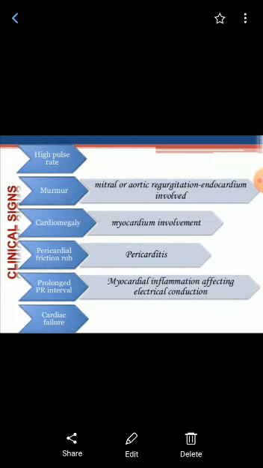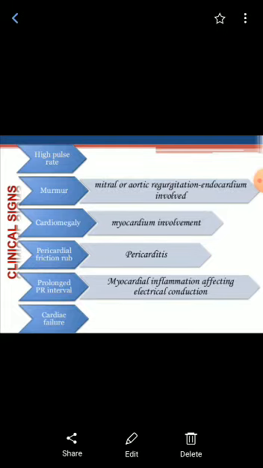Okay, these are some clinical signs, as I have already discussed with you, that there is valvular damage. You can see the murmur as well, and the murmur is because of the mitral valve incompetency, mitral or aortic regurgitation. Endocardium is involved, and there is increased cardiac enlargement, known as cardiomegaly.